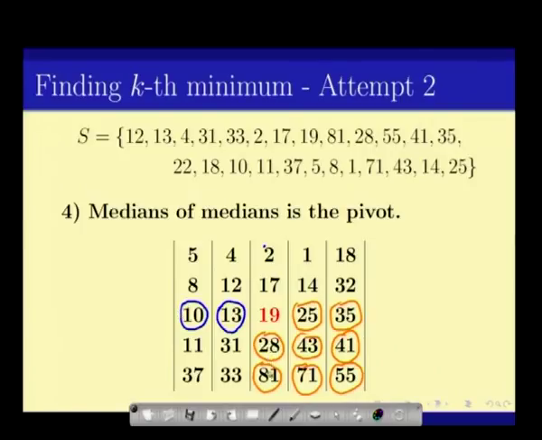And since each of the columns is sorted, 17 is less than 19, and similarly 2 is less than 19, and 12 is less than 13, which is less than 19, and 4 is less than 13, which is less than 19, and so are 8 and 5. So, the top left hand corner is less than 19.